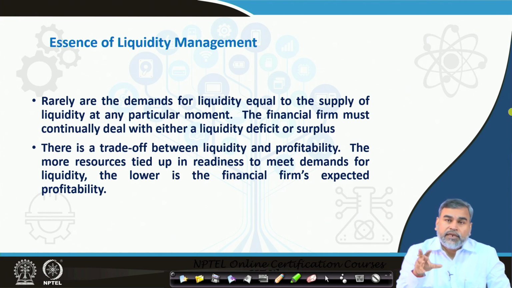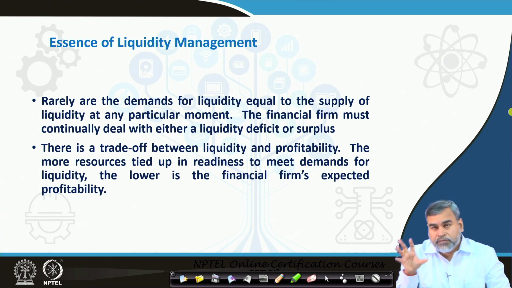And how can this liquidity be created? The liquidity can be created by selling different short term securities or borrowing from the money market or the short term market which exists in the system. So, this is the essence of liquidity management, which is very much needed in this particular context.